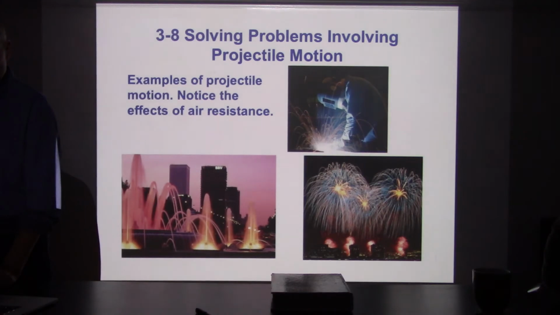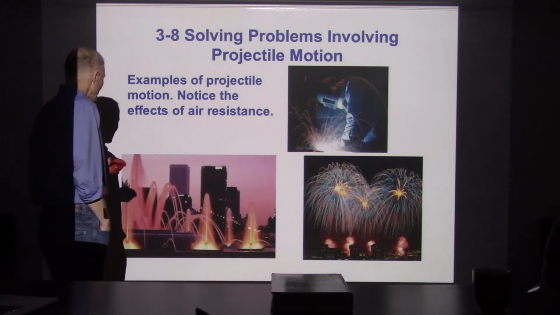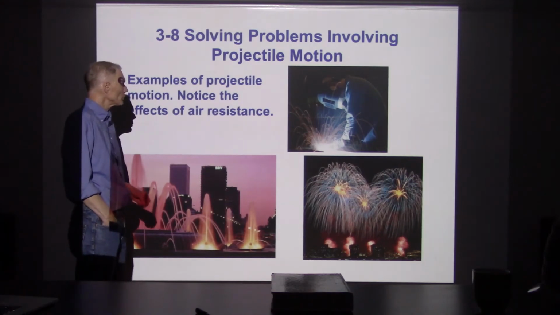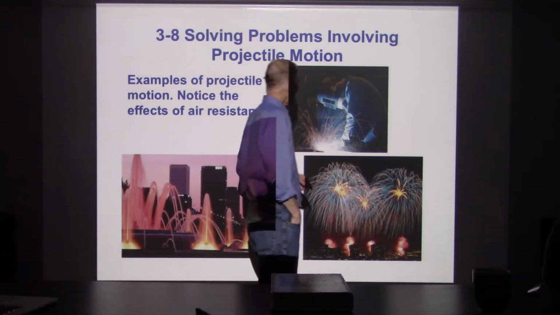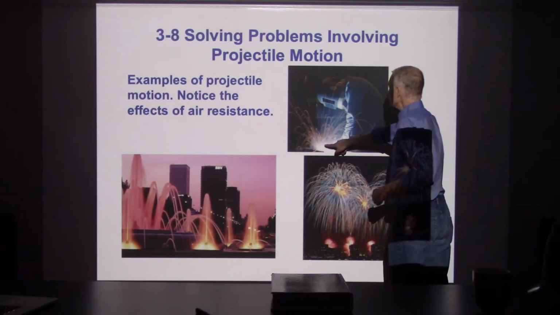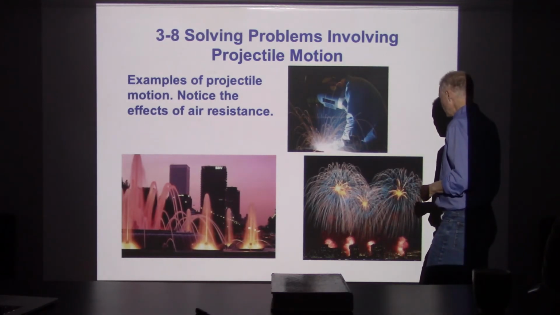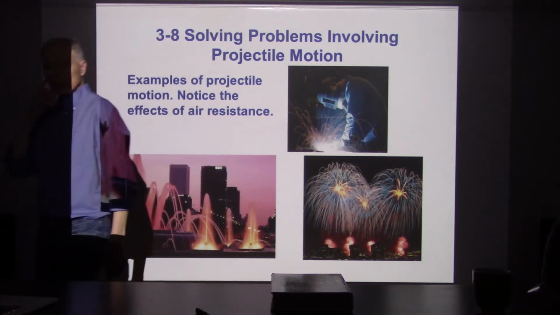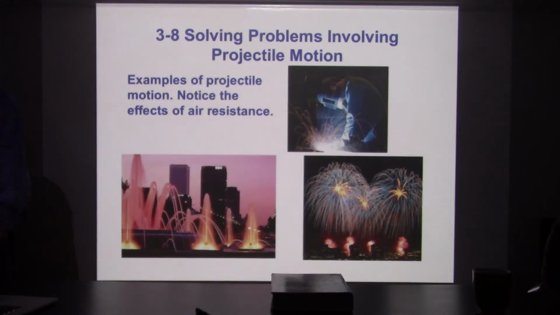Here are some nice shots of those parabolas. And you see these parabolas everywhere. Here are some water fountains. You can see these really pretty parabolas being set up with projectile motion of the water. Here are some sparks from welding, again just flying through the air following projectile motion. Here, fireworks. Fireworks are a bunch of parabolas, roughly.